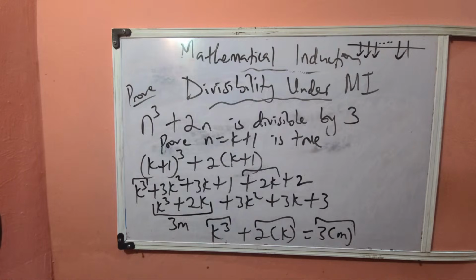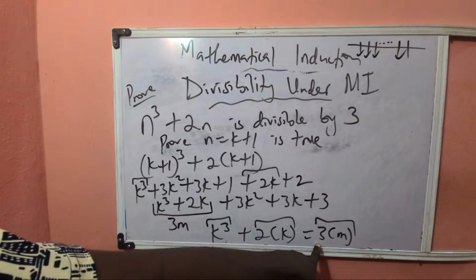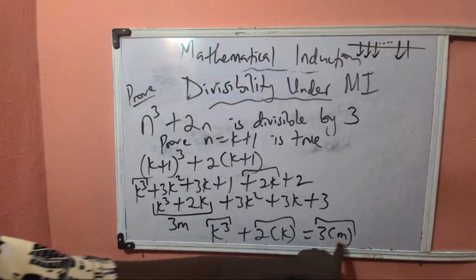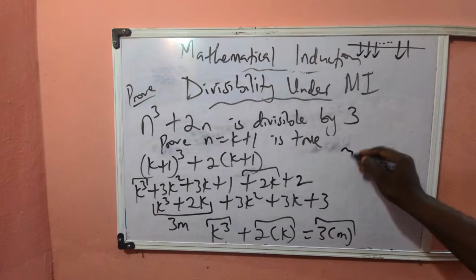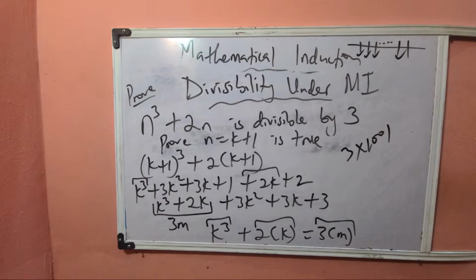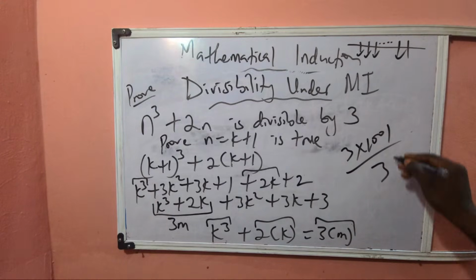Please understand that m signifies any integer. The major thing here is not the integer, but that the integer was multiplied by 3, which has been established already. Any integer that multiplies 3 will always be divisible by 3. So simple. Any integer, 3 times 1 million, 3 times 101 will be divisible by 3. Because once you divide by 3, 3 cancels 3.